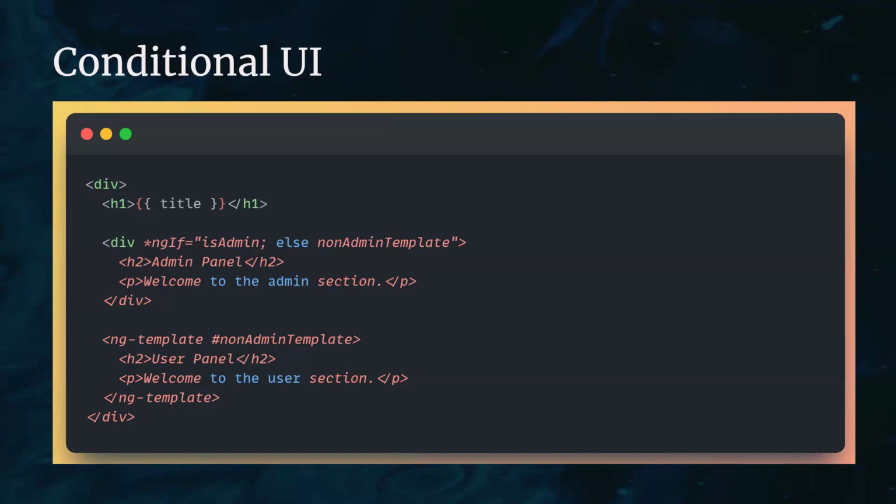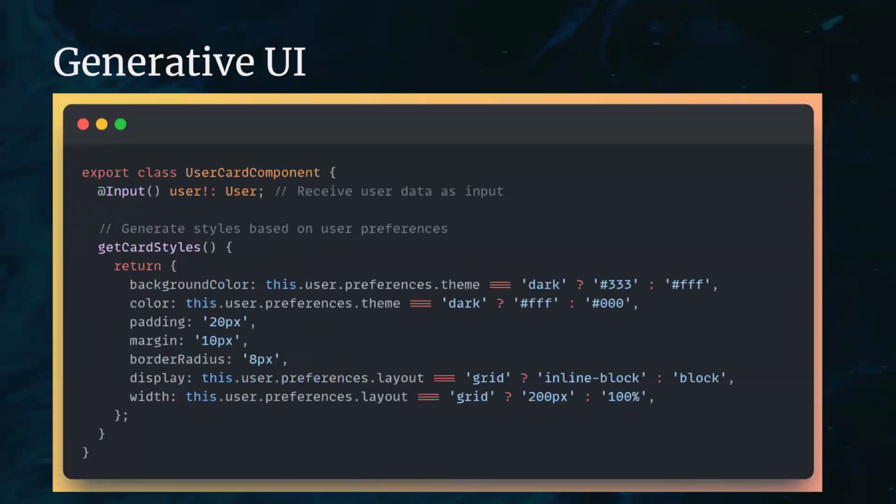But when it comes to generative UI, this is a code snippet from Angular code as well. Here, this user card component generates different UI cards dynamically based on the user data. You can see user preferences are taken for the display width and background color, and based on them the UI gets different.